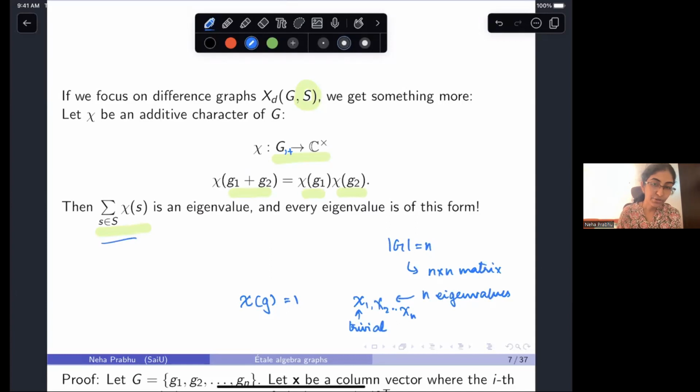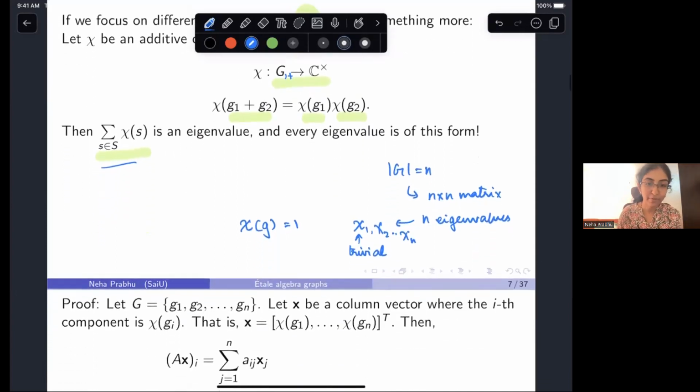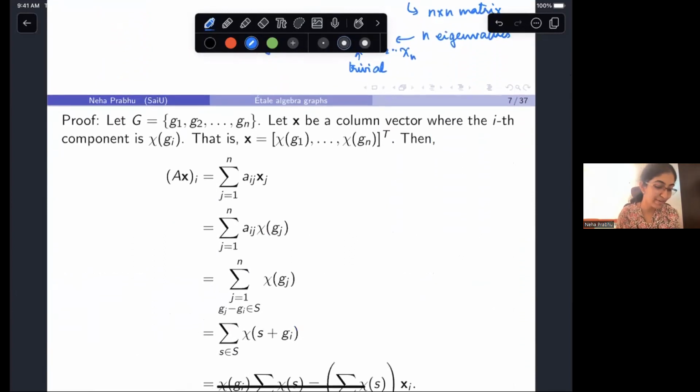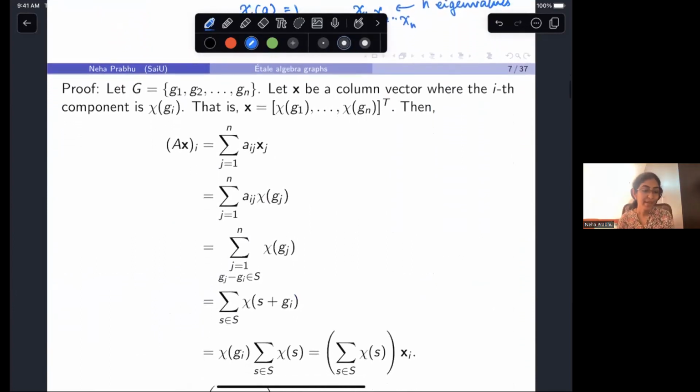But why is this true? Every talk should have a proof, and this is not something obvious, so I felt it'll be nice to show a proof. Let G1 to Gn be the elements of your group. Let X be the column vector where the ith component is chi of Gi. So it's this vector here.